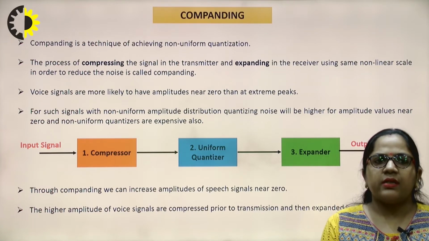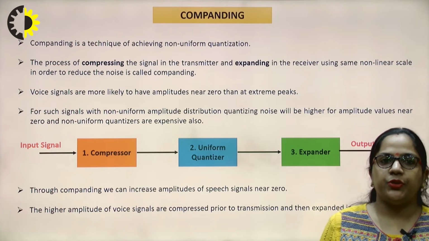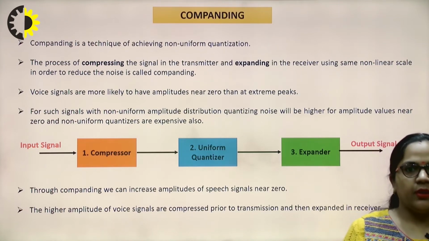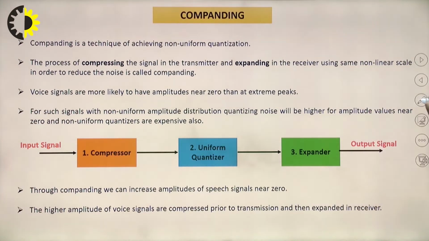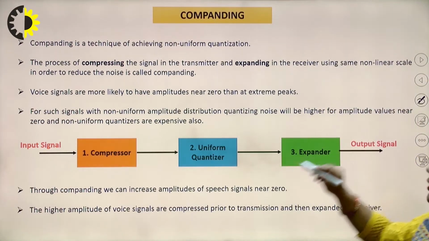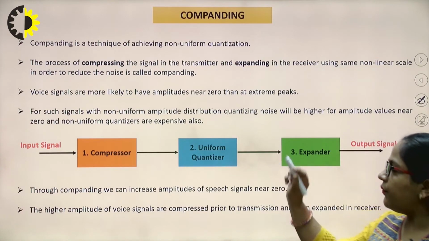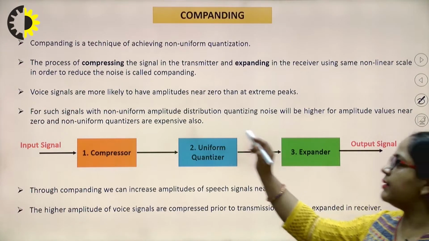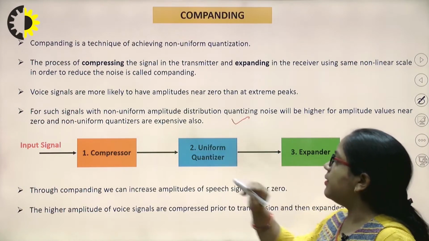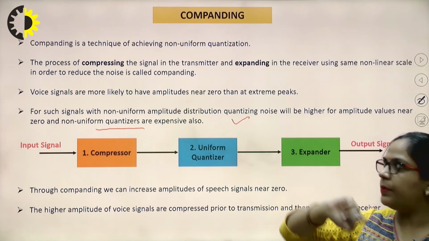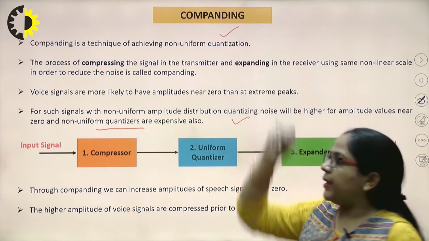So, for such signals with non-uniform amplitude distribution, quantizing noise will be higher for amplitude values near 0, and non-uniform quantizers are expensive also. So, if we want to quantize speech or voice signals, then instead of using a non-uniform quantizer, what can we opt for? We can opt for the companding technique.